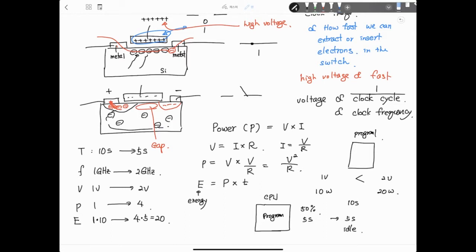Okay, so let us take this case. We have a CPU. In this case it is 2 volts and it's running a program. The program is running 50% of the time and 50% there's nothing.